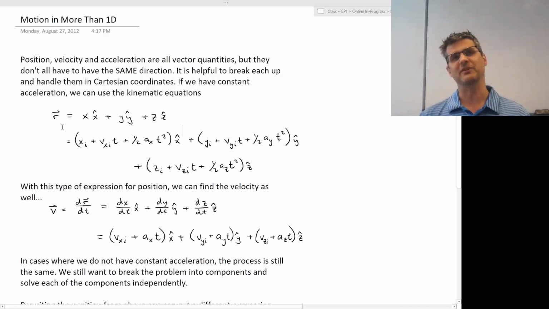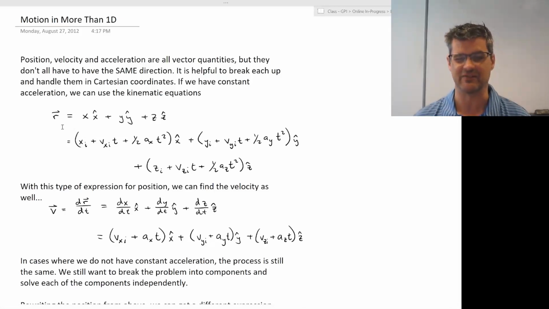And if we're keeping track of the variable x, the variable y, the variable z in each of their respective directions, we have kinematic equations that apply for all of those things, as long as we can resolve x position, y position, and z position, as long as we can resolve velocity components in the x and y and z directions, and we can resolve acceleration components in the x, y, and z directions, then really what is happening in each of these 3 component directions is what is shown here.